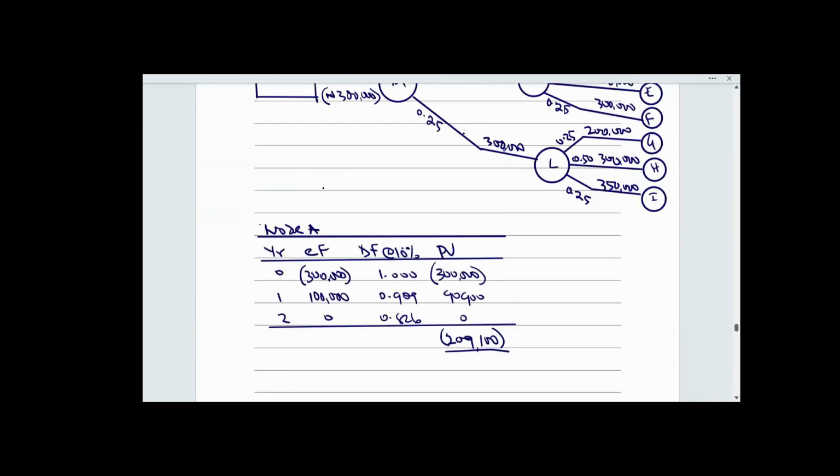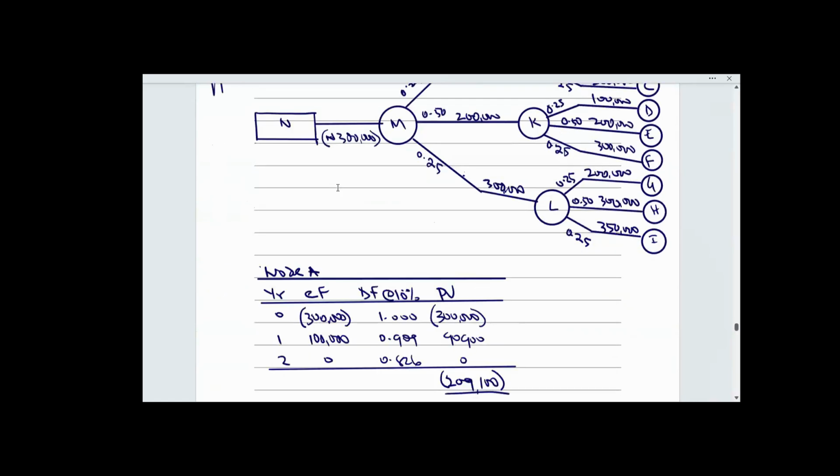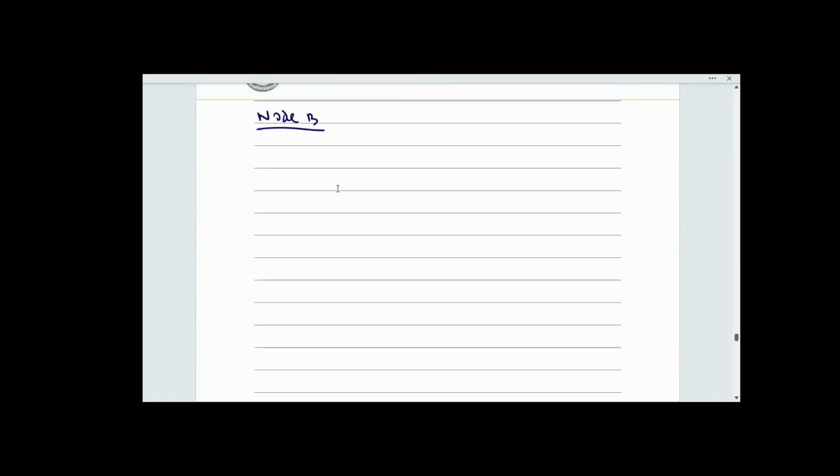For node B, from our diagram, cash flow in year 1 is 100,000. Cash flow in year 2 is 100,000. Create a column for year 0, 1, 2. Cash flow: 300,000, 100,000, 100,000.